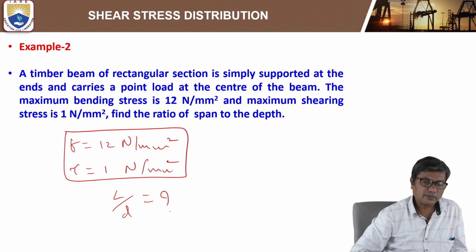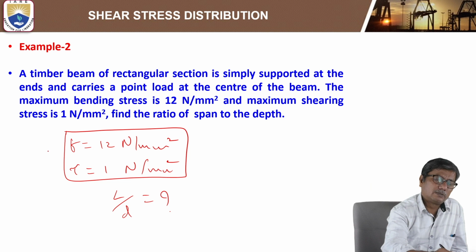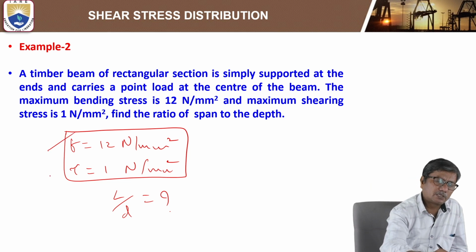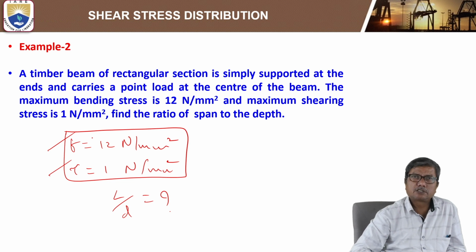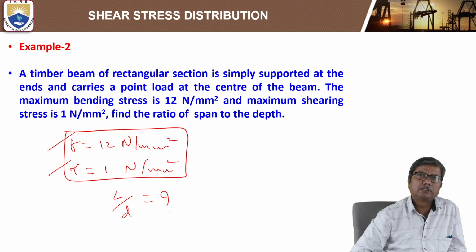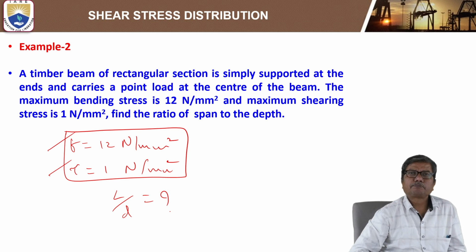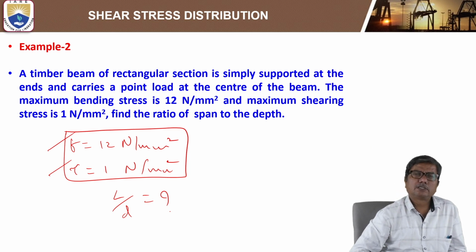So you need to find two ratios actually. One based on limiting bending stress. The second one based on limiting shear stress. The least of these two will be the allowable span to depth ratio.